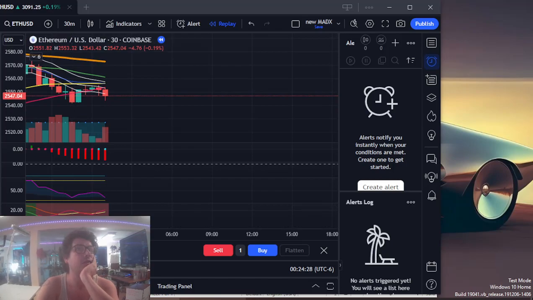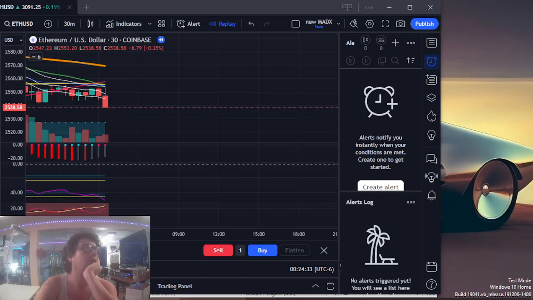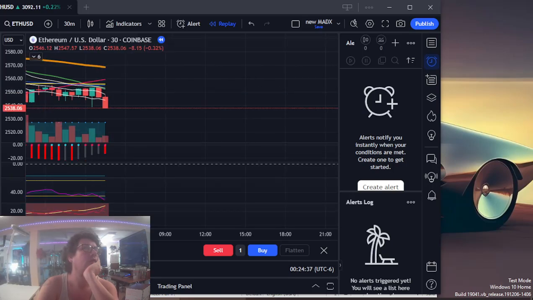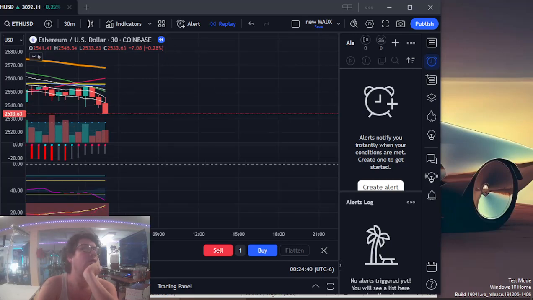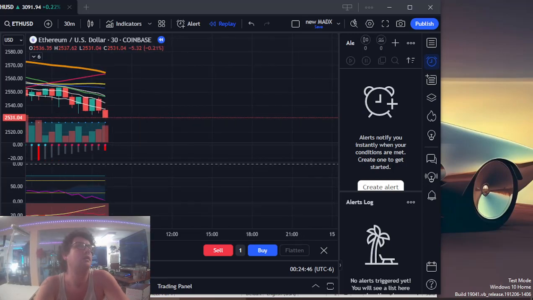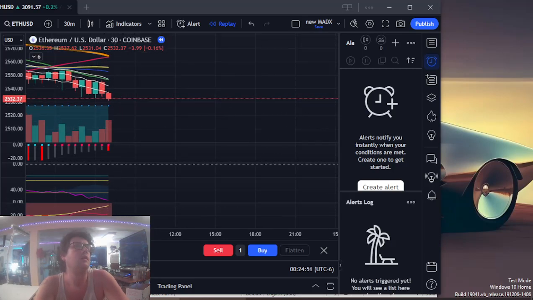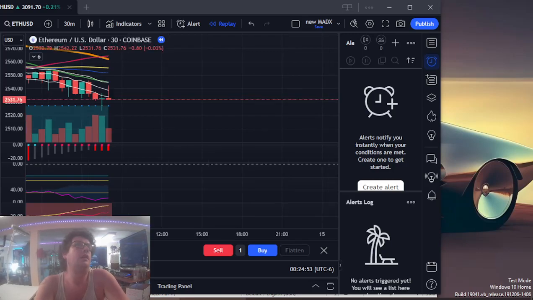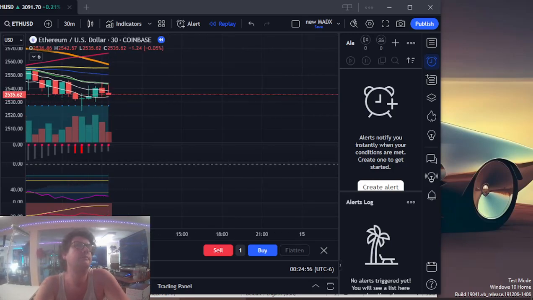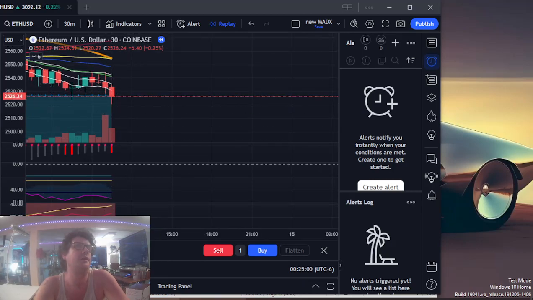Wick is too long. Wait a second. 1, 2, nope.